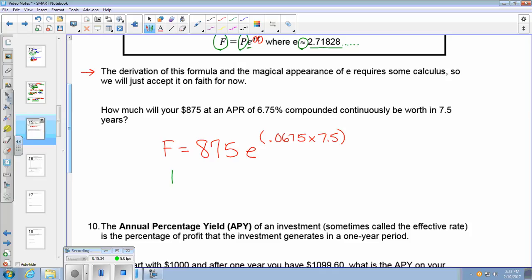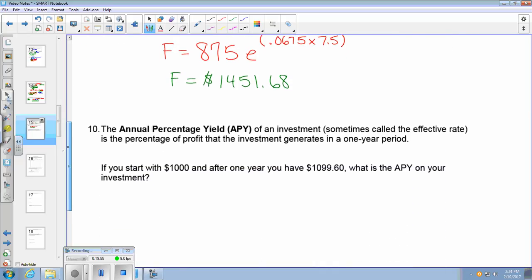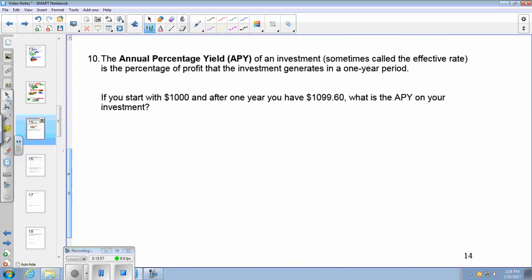Our future value, double check this, is $1,451.68. That's the biggest amount we can get with compounding. Even if we compound continuously every single instant, this is the most money we're going to end up with.